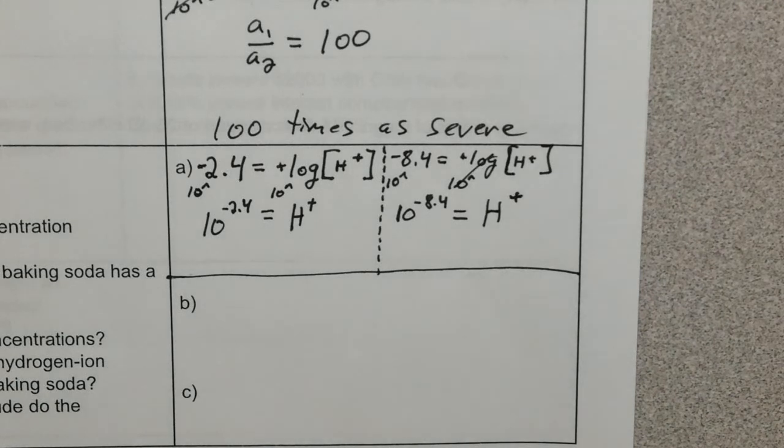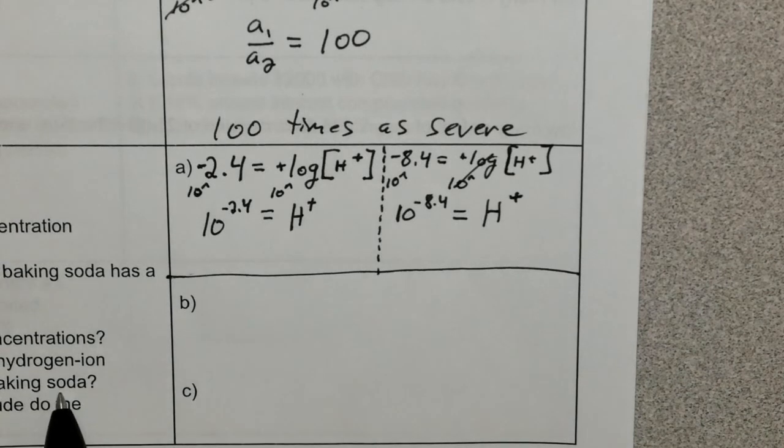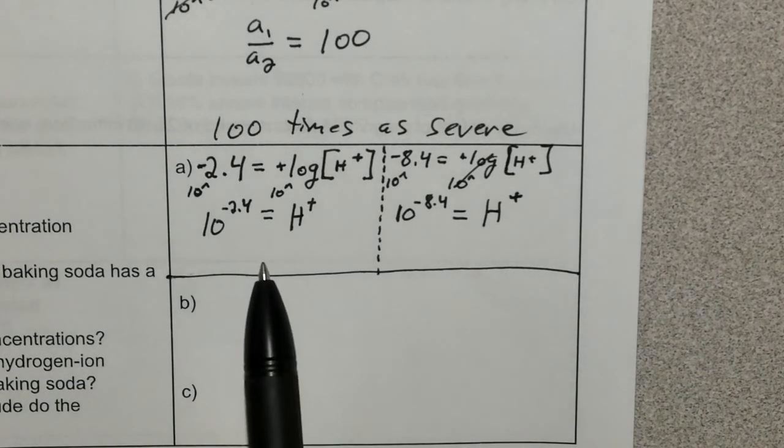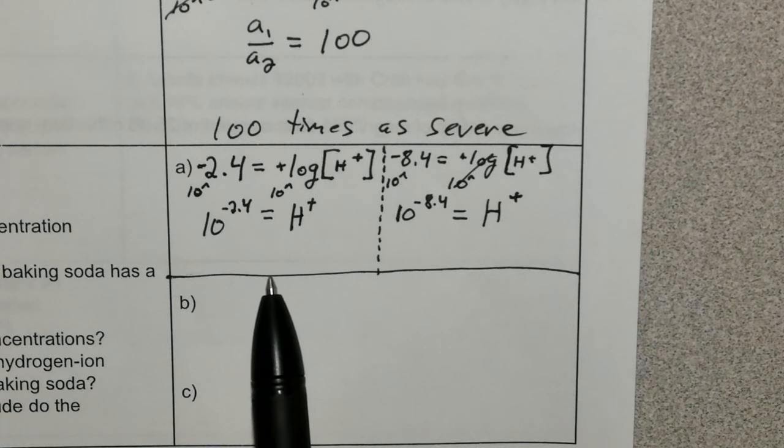Okay, so part B says, how many times greater is the hydrogen ion concentration of vinegar than baking soda? Okay, so how many times greater?